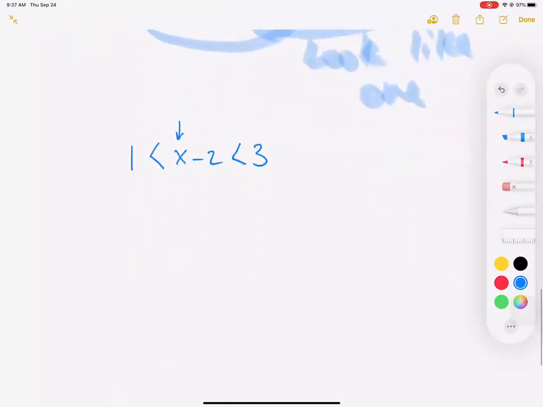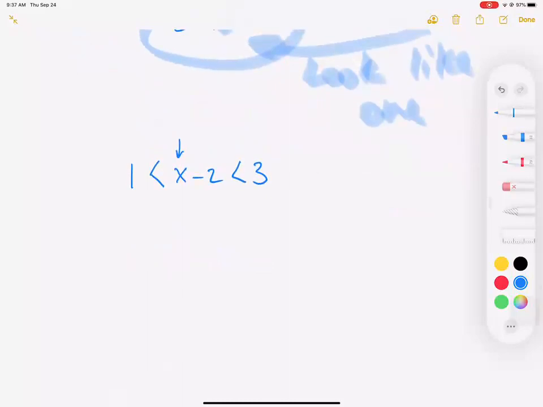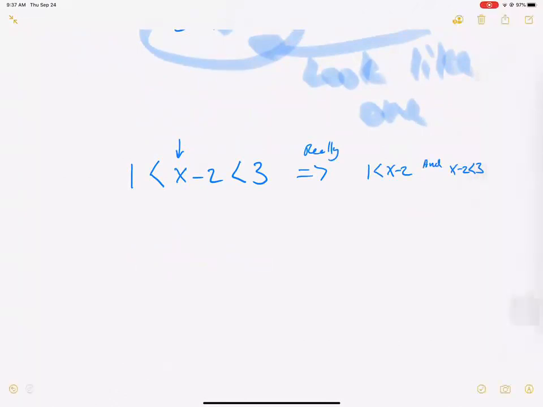But here is our trick. Remember I said that this is really two separate problems: 1 is less than x minus 2, and x minus 2 is less than 3. This is what it really is. Now, how would you solve this first problem?